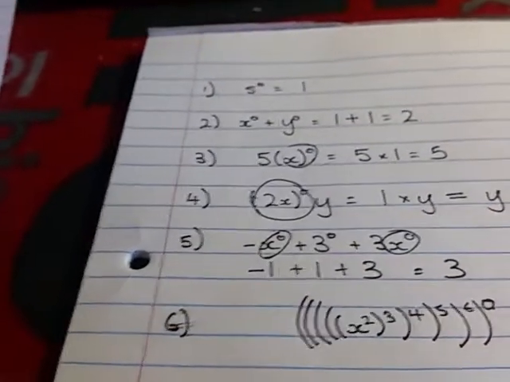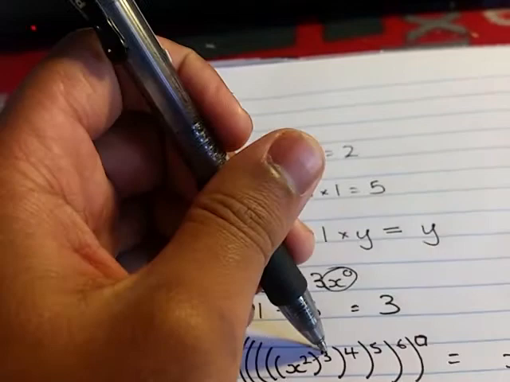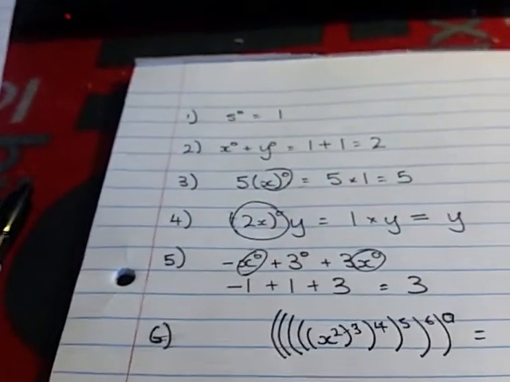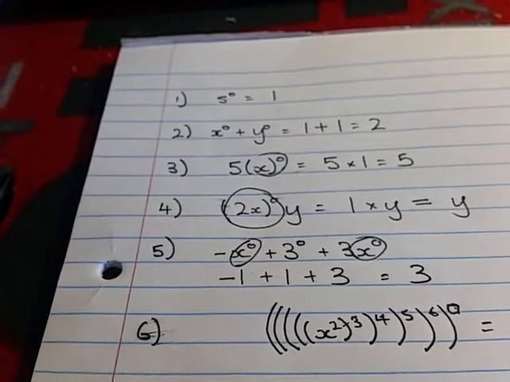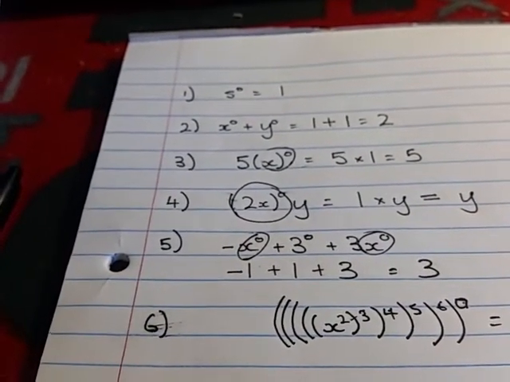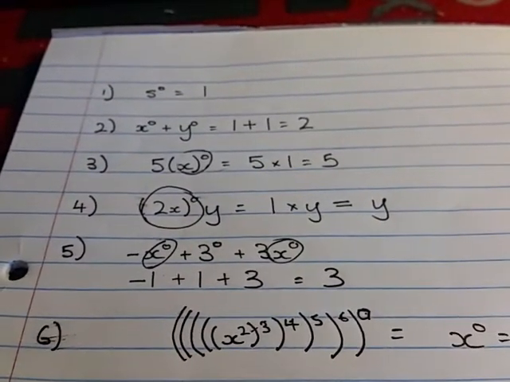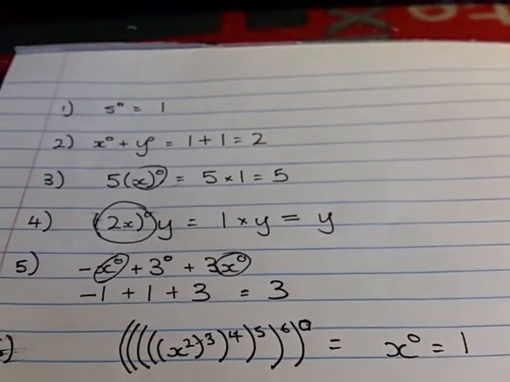So effectively, it's going to be x to the 2 times 3 times 4 times 5 times 6 times 0. And if you remember your basic identities with mathematics, anything times 0 is 0. So all in all, it becomes x to the 0, leaving you with a final answer of 1.